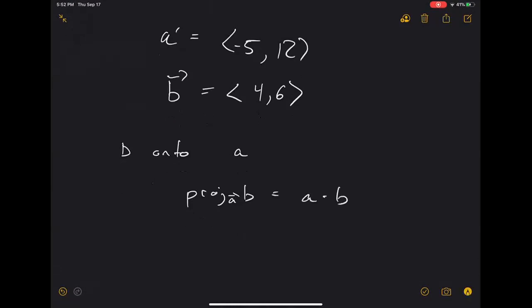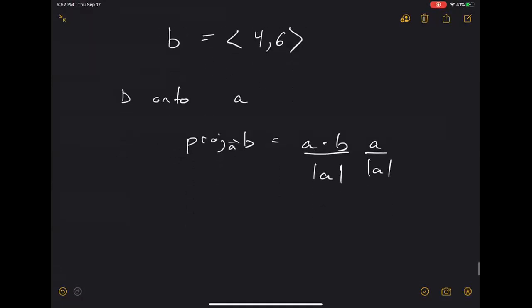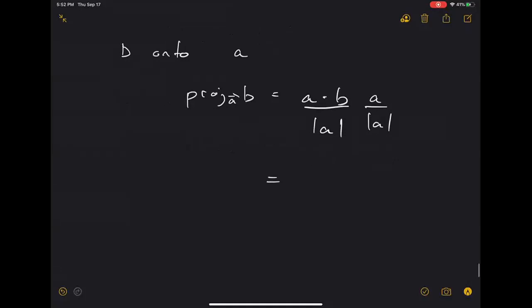A dot B over magnitude A. Well, you could use this. I use a slightly different formula. A over magnitude of A. Okay. And then notice these magnitudes of A. Okay, we can combine those and they become A dot B over magnitude of A squared.